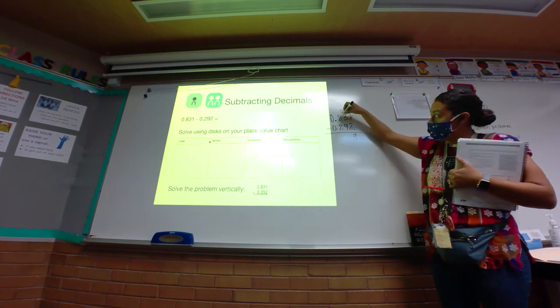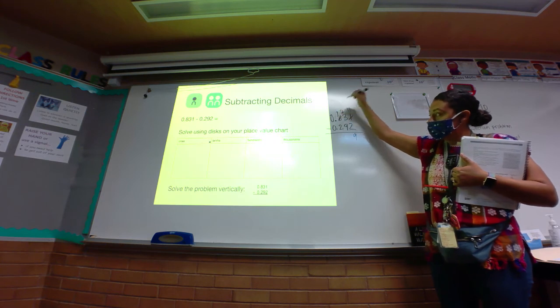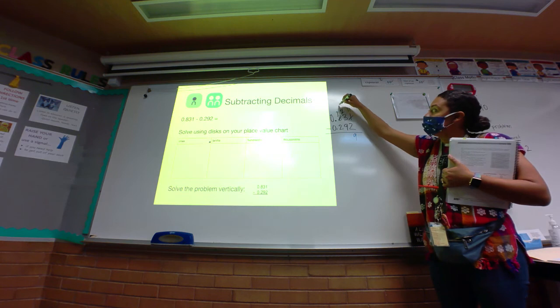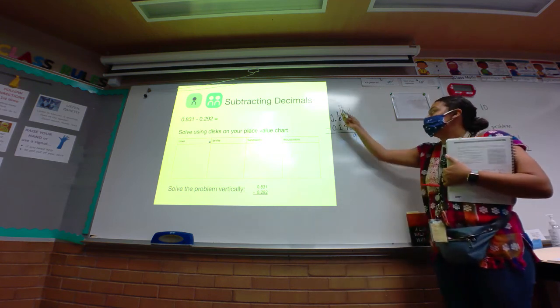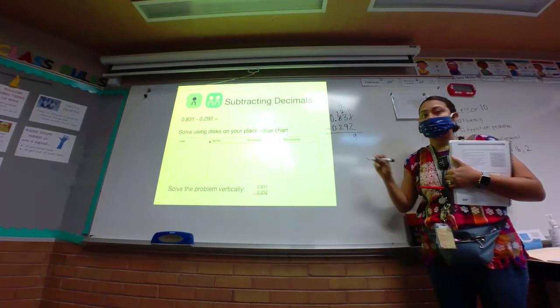Can't do that. So we need to regroup. We need to borrow. So 1 from here. So we take away 1 and make 7. So regroup to make 12 here because we added 10 more. So 12 minus 9, 3.